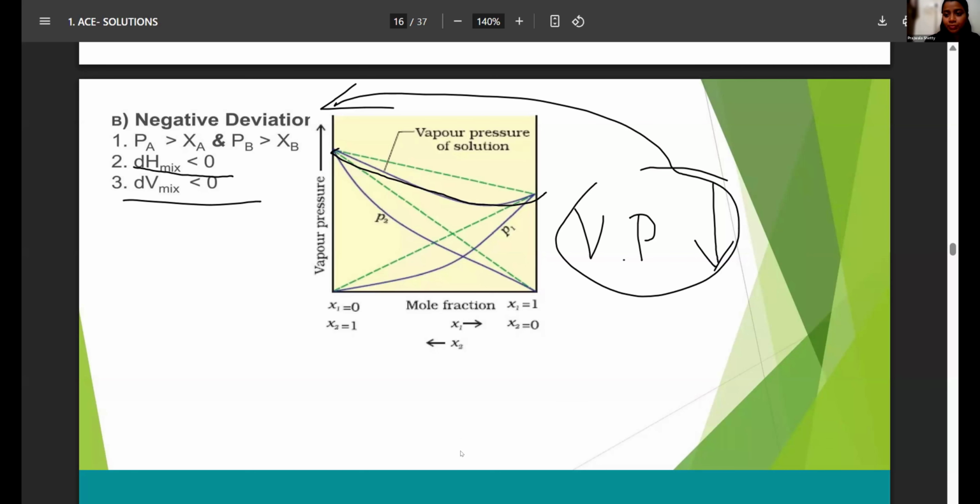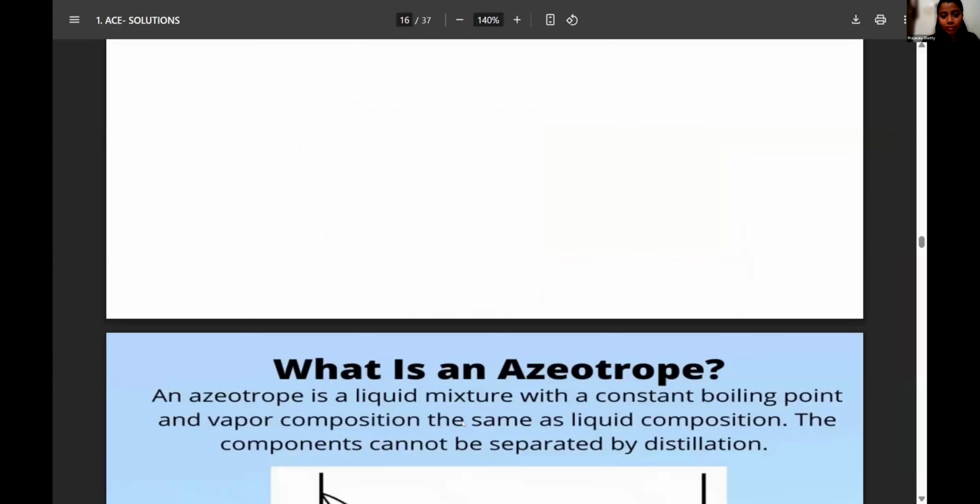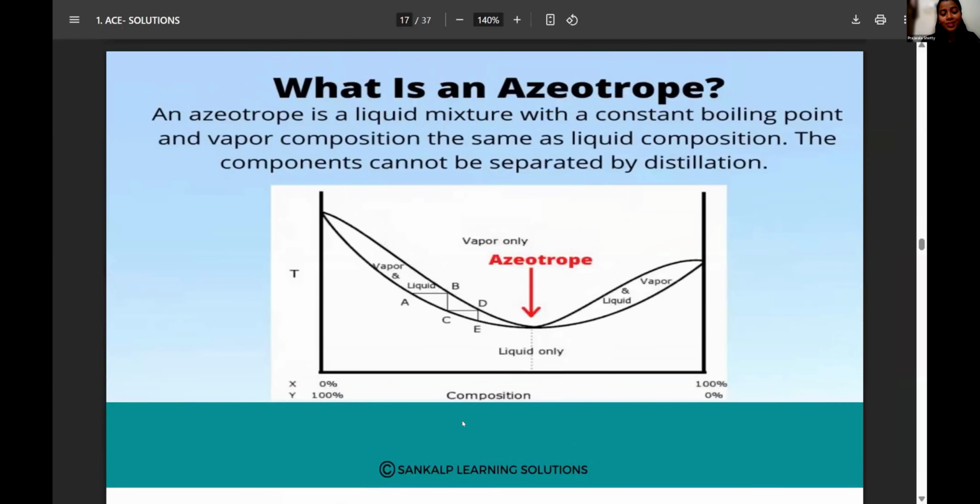I'll move on. Another important definition is here, which is azeotropes. What is azeotropes? Have you ever heard before? I think no. If anyone knows what azeotropes are, you can text.